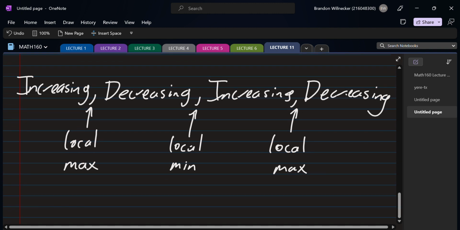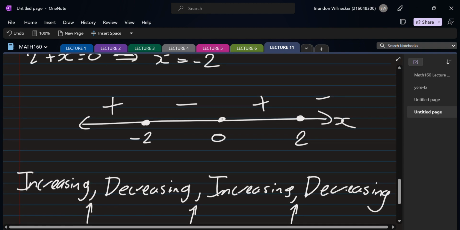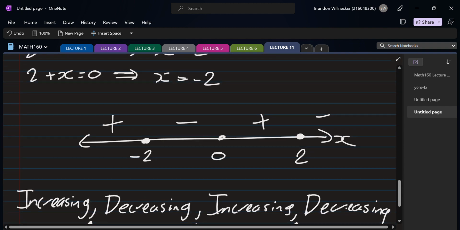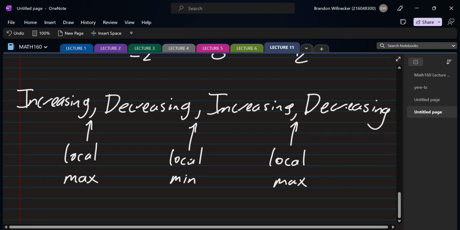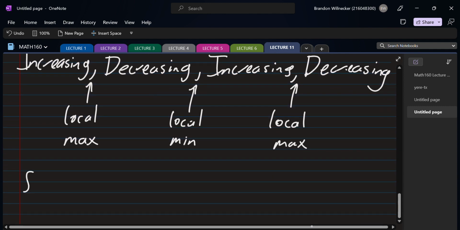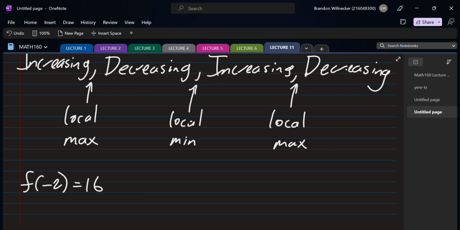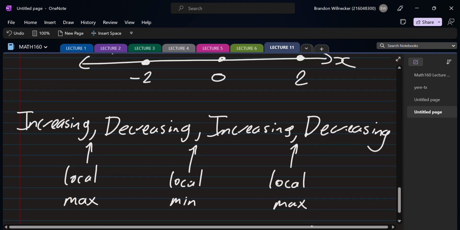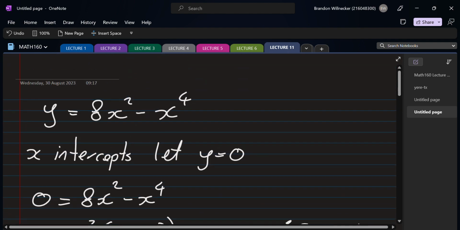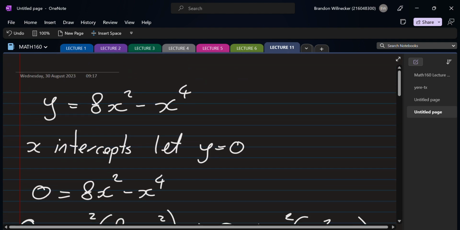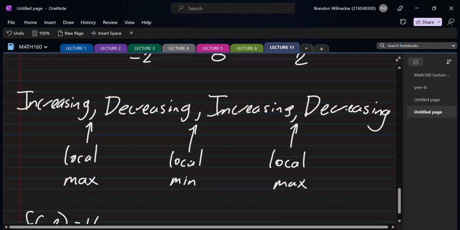What are those values going to be? So the first one will be at minus 2. So at x equals minus 2, we have a local max. What is the value? So we have f of minus 2. You can check that. That's going to be 16. And then at 0, what do we get? That's going to be a local min. We just go back here, we can see 0, 0. So we have a local min at that point.